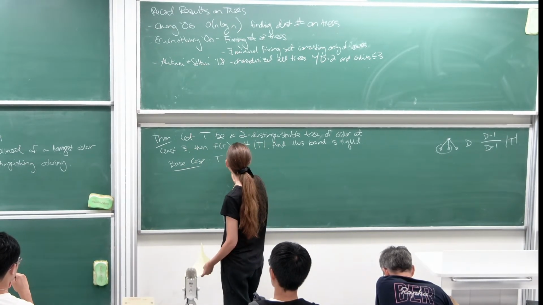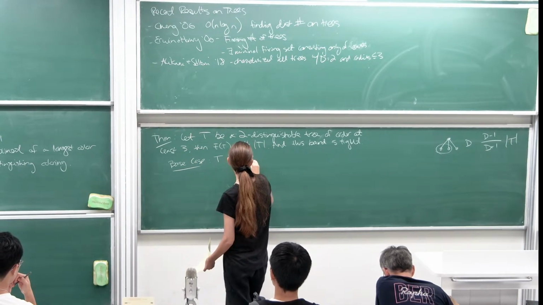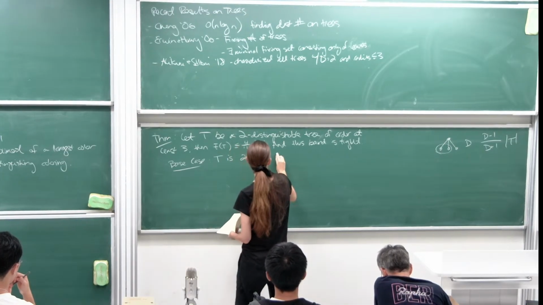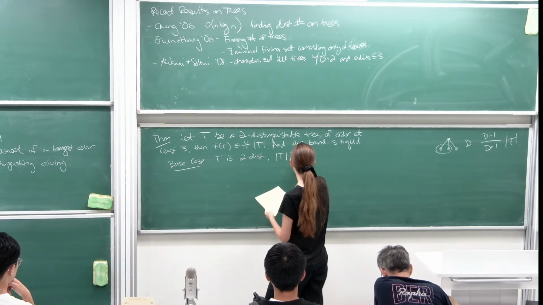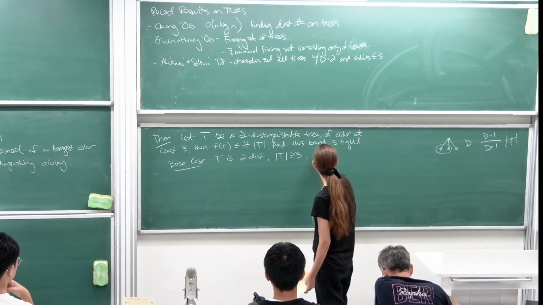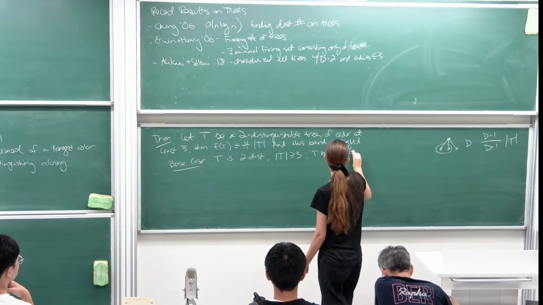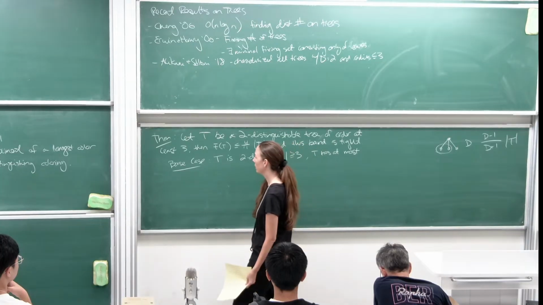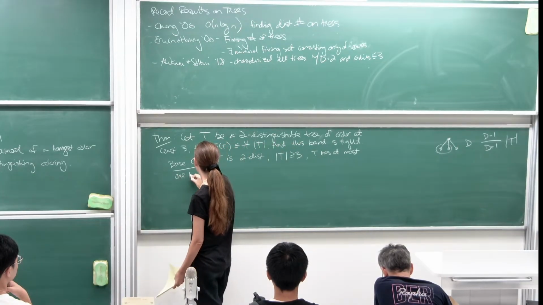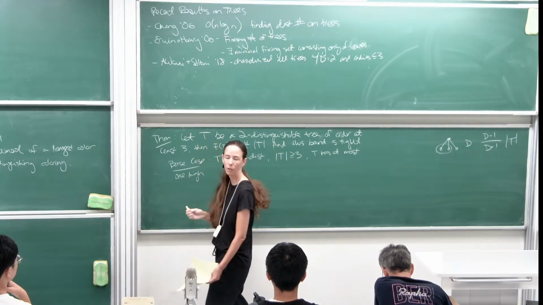Here T is 2-distinguishable, the order of T is greater than or equal to 3, and T has at most 1 high degree vertex. And by this I mean a vertex of degree 3 or greater.